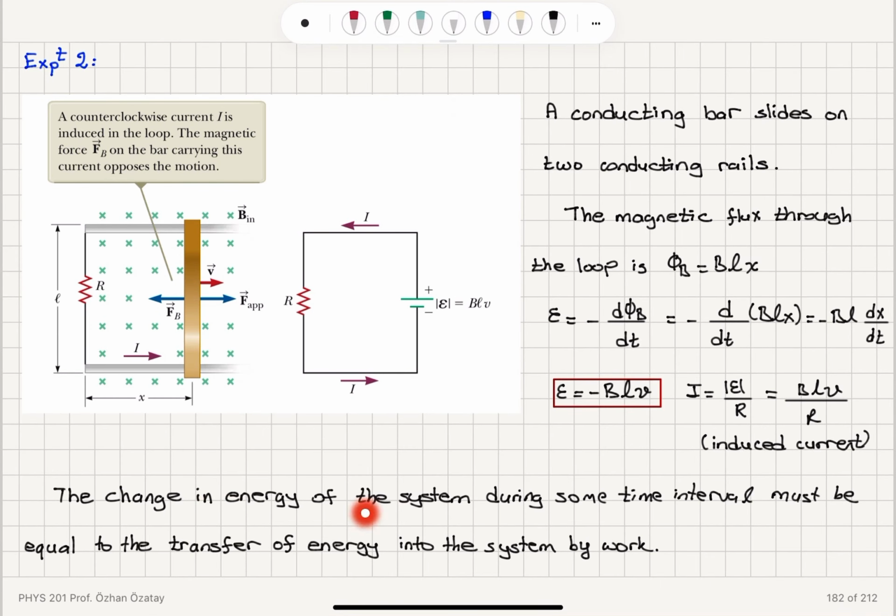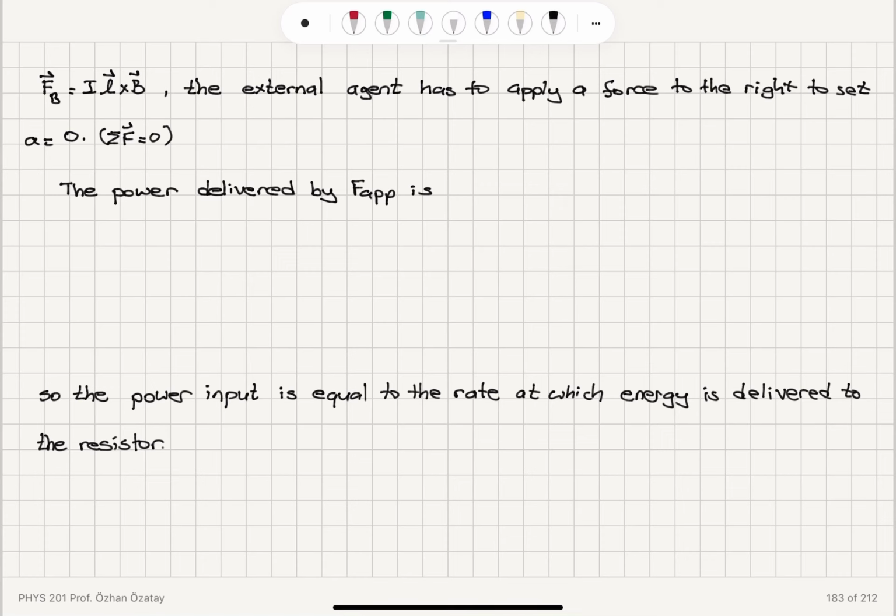The change in energy of the system during some time interval must be equal to the transfer of energy into the system by work. If I look at the force acting on this wire, it is I L cross B. The external agent has to apply a force to the right to set a zero acceleration.